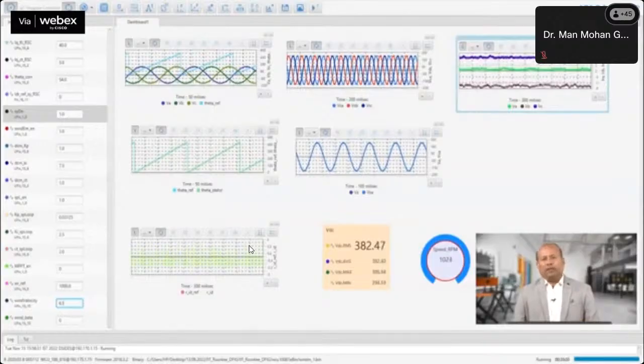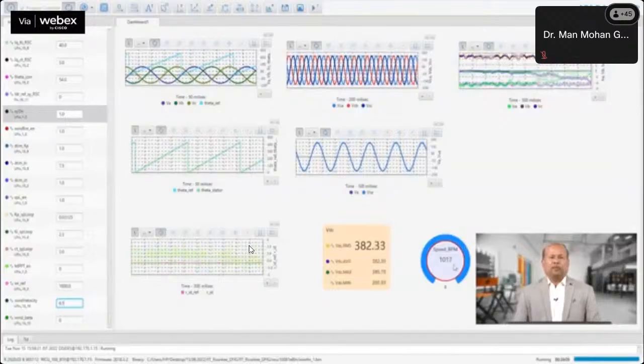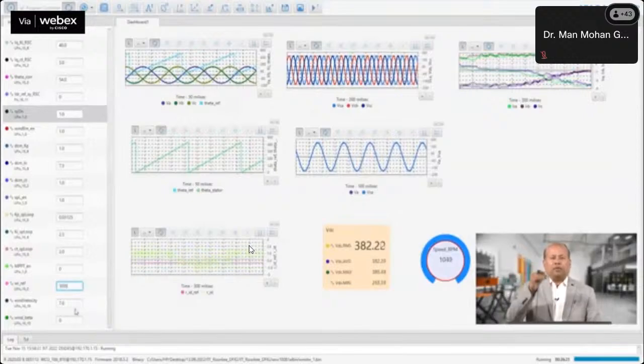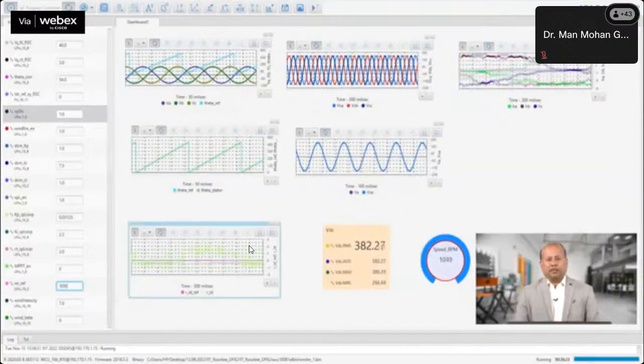If we further increase the speed of the DFIG, it works in the super synchronous mode. The rotor angular frequency is higher than the synchronous angular frequency, that is omega r is greater than omega s, and hence the slip is less than 0.